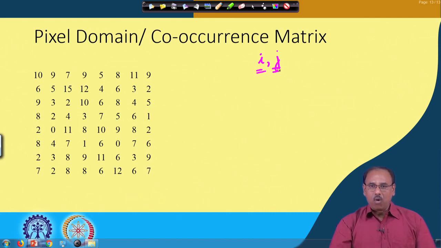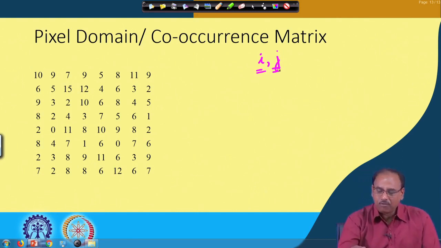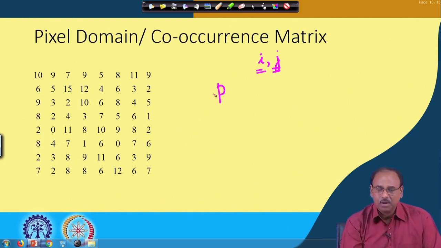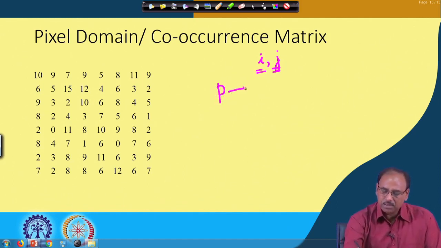So, when I say co-occur, the pixels having intensity values i and j also have to follow a certain geometric or locational constraint. So, I put this location information in the form of a vector, or a parameter p, where p will consist of two components, one is L and the other one is theta.